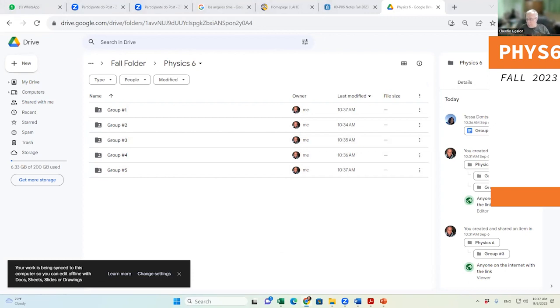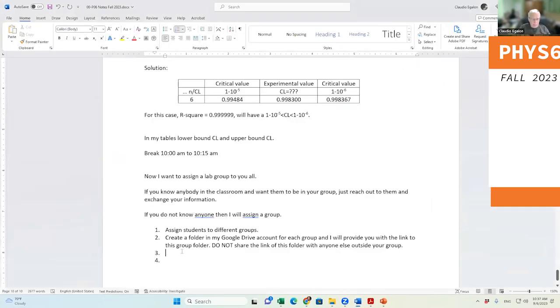So let's do some simple exercises here, so we know exactly what's going on. We know exactly everything is working. Create a folder in my Google Drive account for each group. Okay. Here you go. I will provide you the link to this group folder. Do not share. Okay, we did that. Next step.